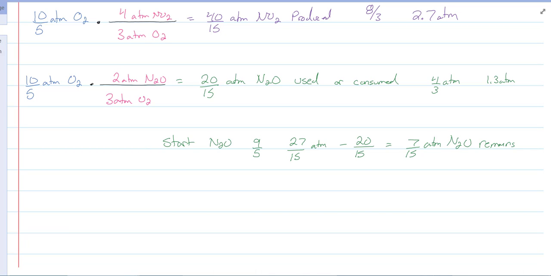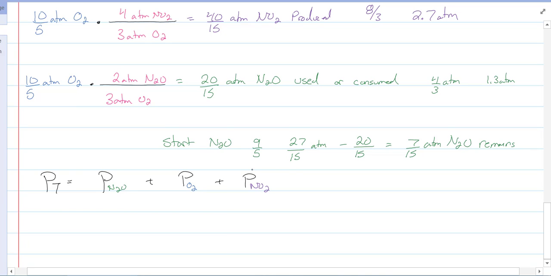So my total pressure will equal my 3 potential gases. I only have 2 left. N2O, O2, and NO2. Well, N2O is 7/15 atmospheres.